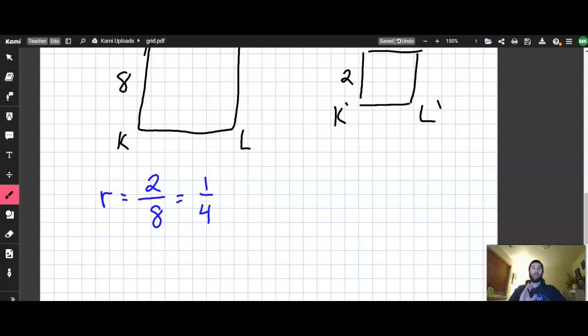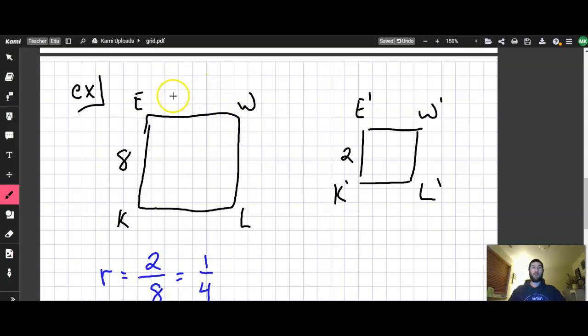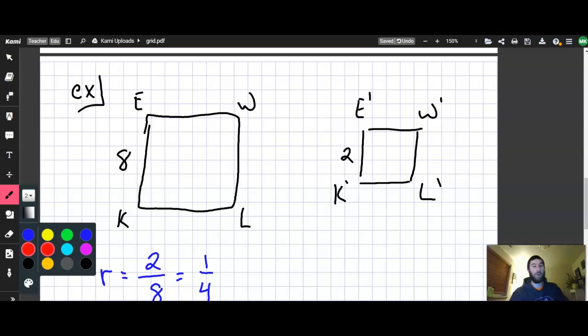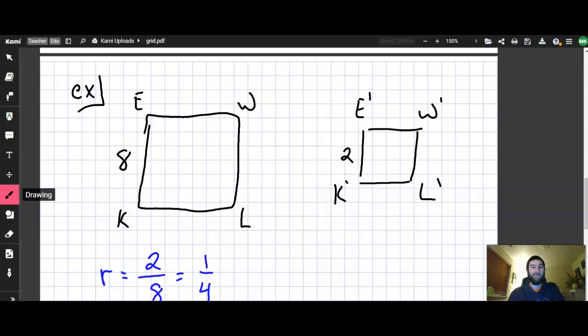So let me take this example and let's find a missing side using proportions. Ladies and gentlemen, let's go ahead and say we know what EW is. Let's pick our favorite number. Let's say EW. Since this is a rectangle, it doesn't have to be the exact same thing. 16. Why not? 16 is a great number.